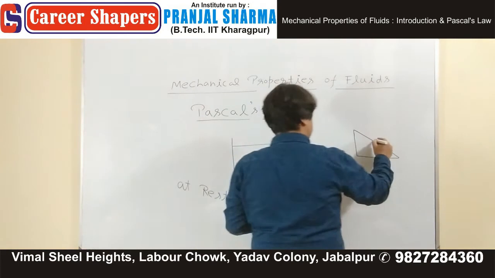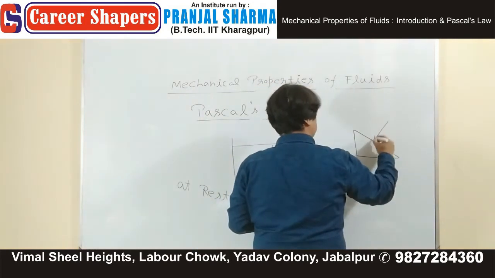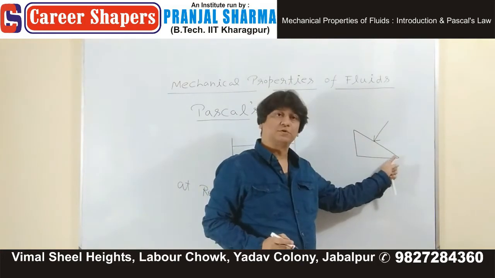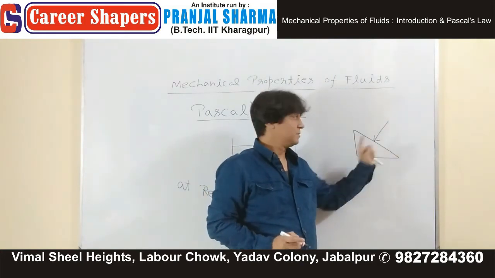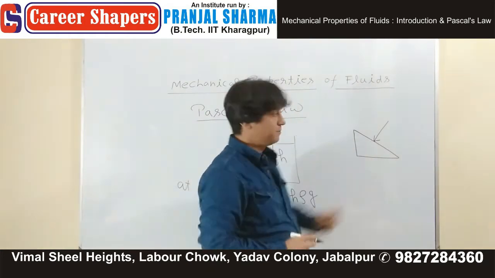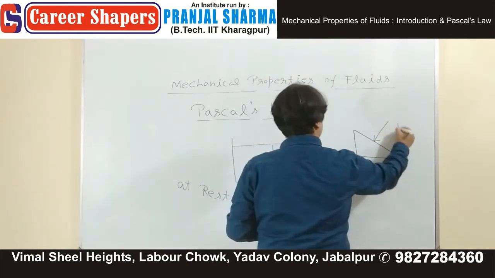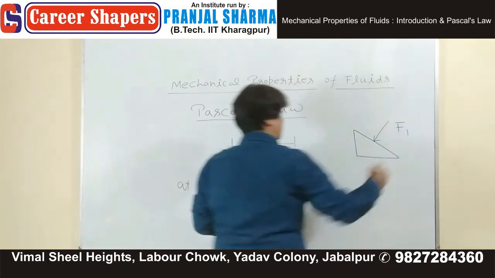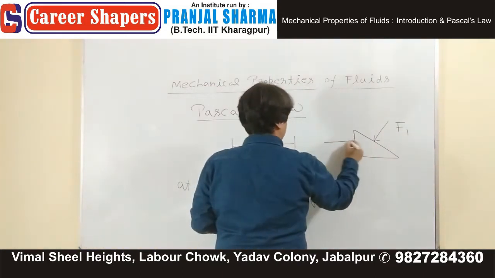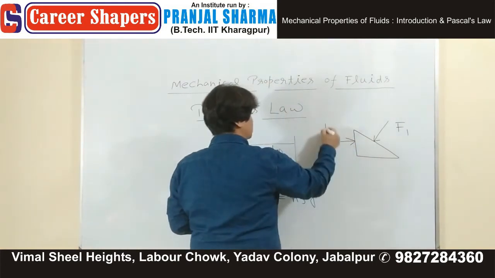Some force is coming from this side. Remember, on the entire surface, force is acting everywhere, and I have shown it at this place only. Let's call it F1. It should be a normal reaction force. Force coming from this side is F2.